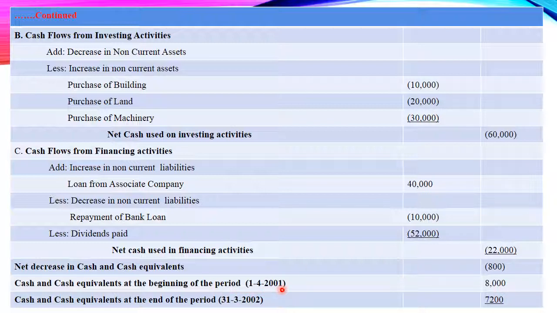That is the cash as it is given there, 8,000. When you add 8,000 to negative 800, you get 7,200. The 7,200 is our figure as at the end of the period. That is on 1st March 2002.